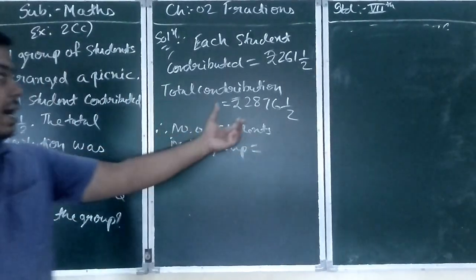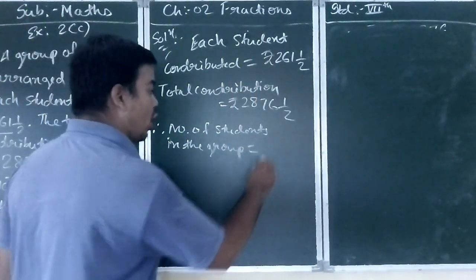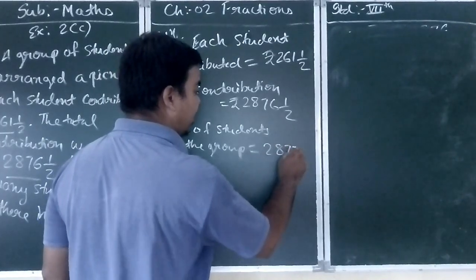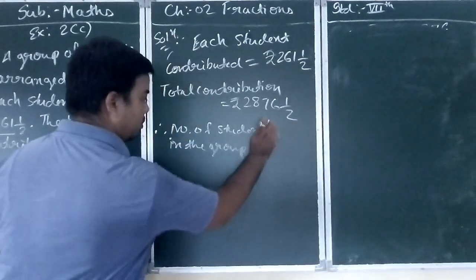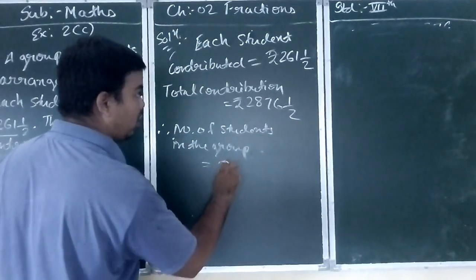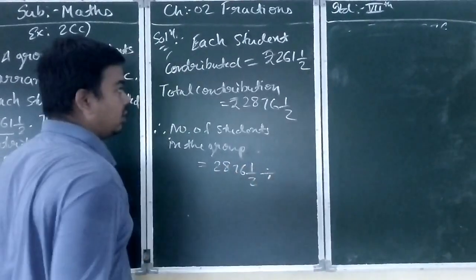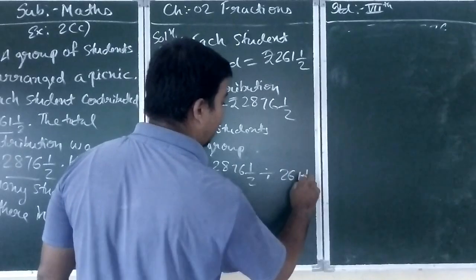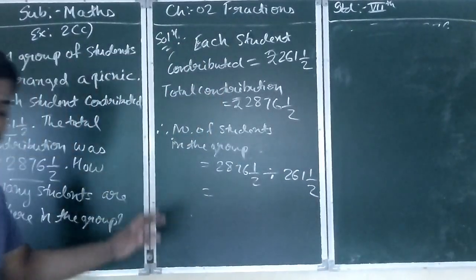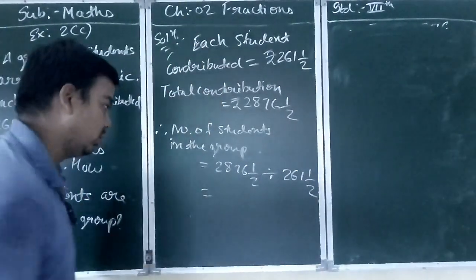So this amount divided by this amount. 2876 1/2 divided by 261 1/2. Mixed fractions change into improper fractions.